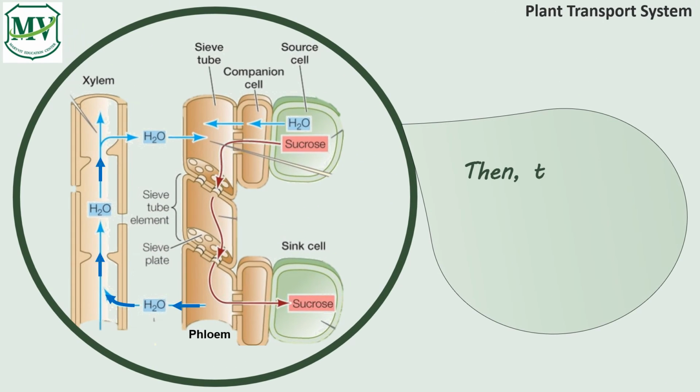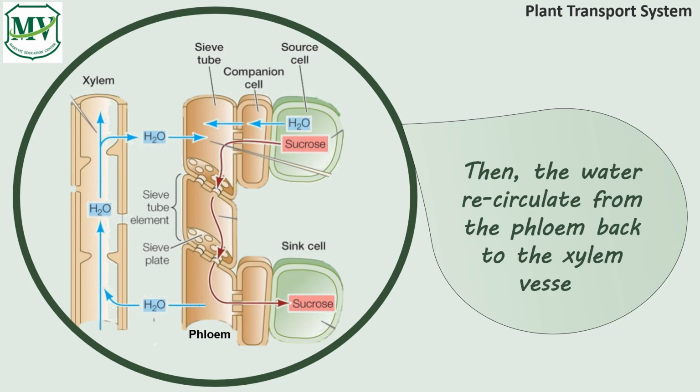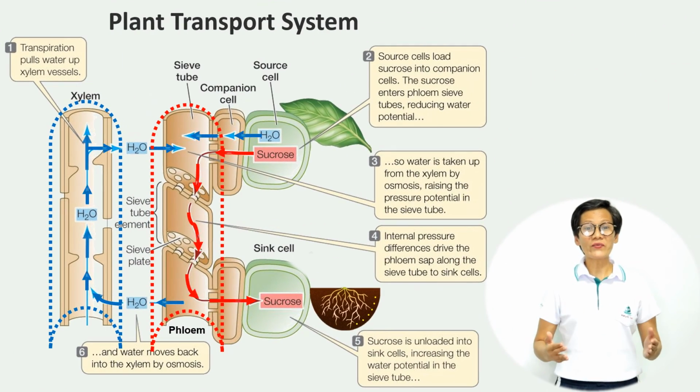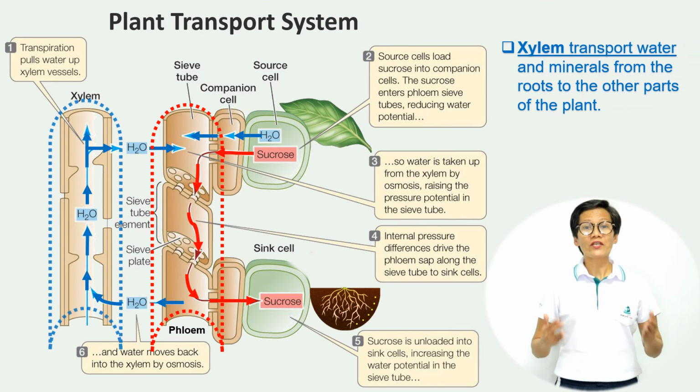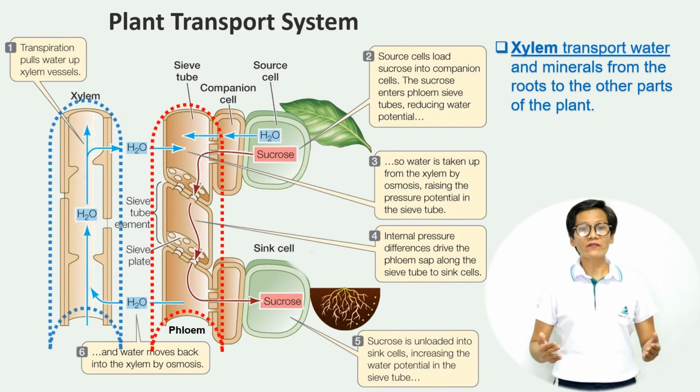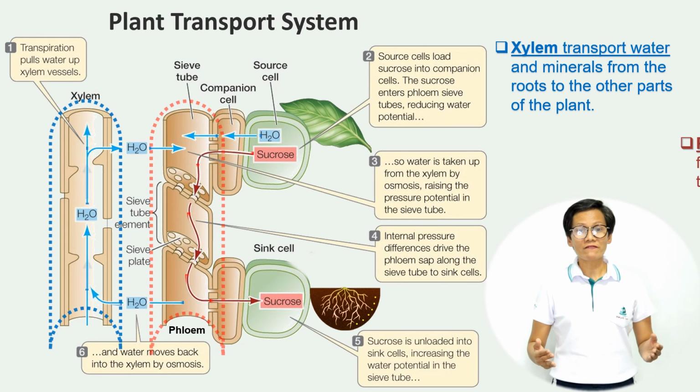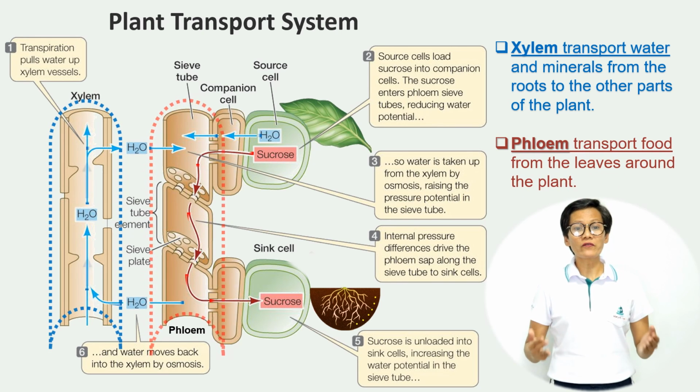Then the water recirculates from the phloem back to the xylem vessel. In other words, xylem vessels transport water and minerals from the roots to the other parts of the plant, whereas phloem vessels transport food from the leaves around the plant.